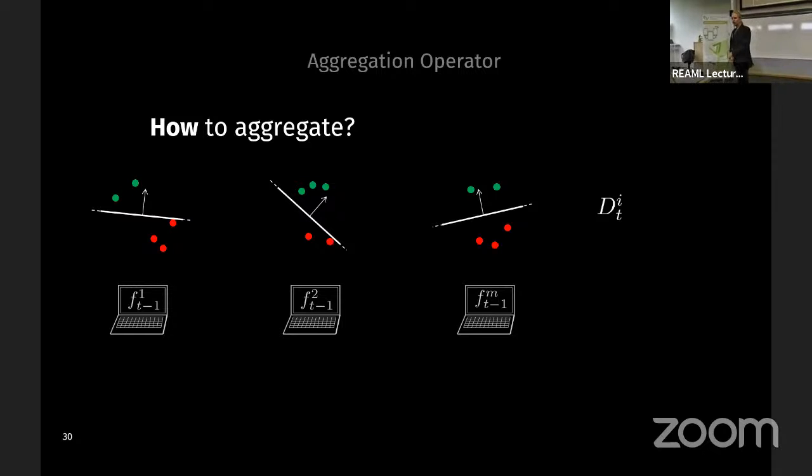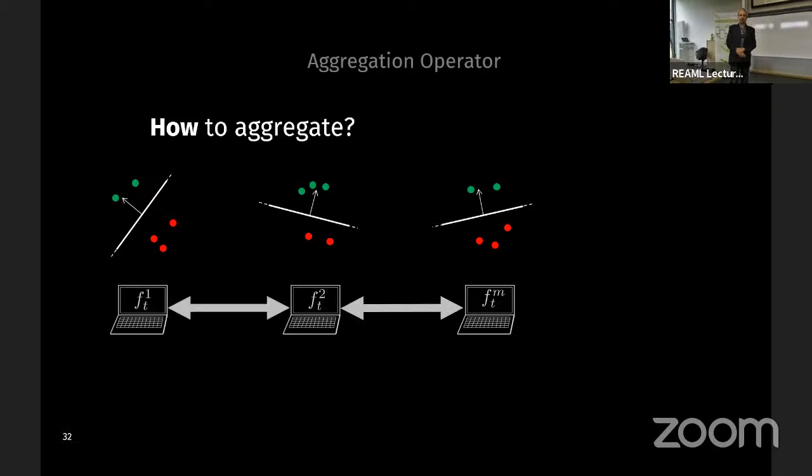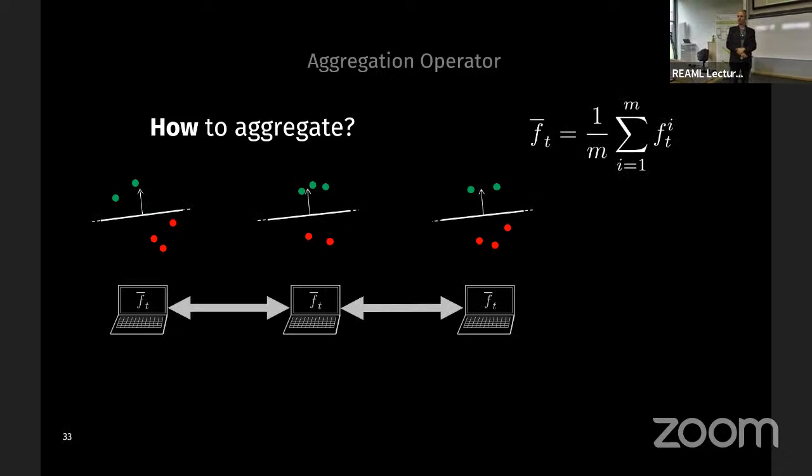We do another round of training with a few more data points, and now we want to aggregate them. We do that by averaging, so we share these models, and then we set them to the same average model. And here in this example, this all works out. All the models now classify all data points well. This is roughly how model averaging works.